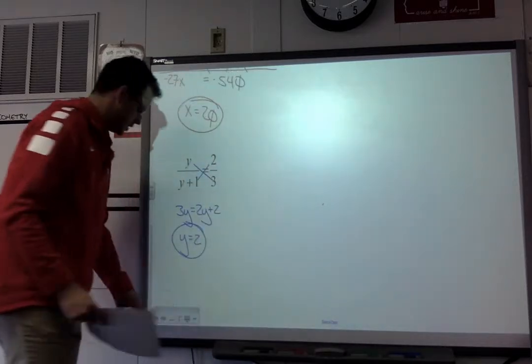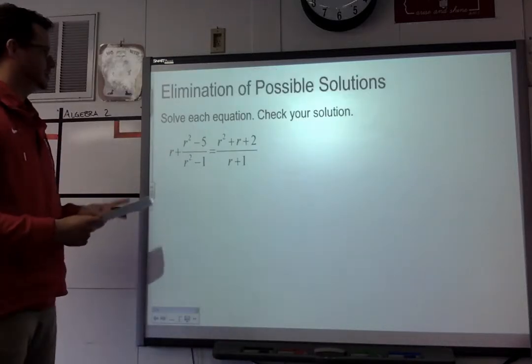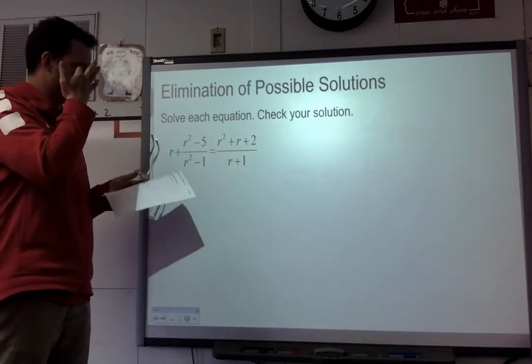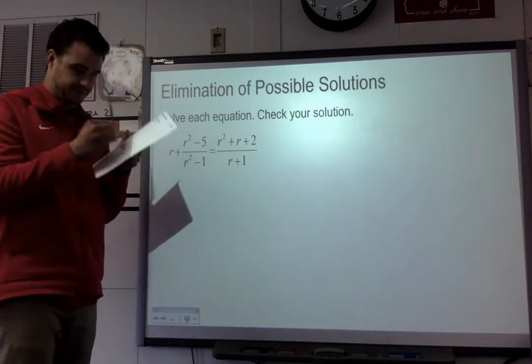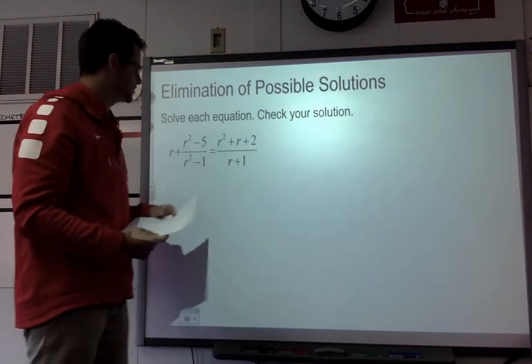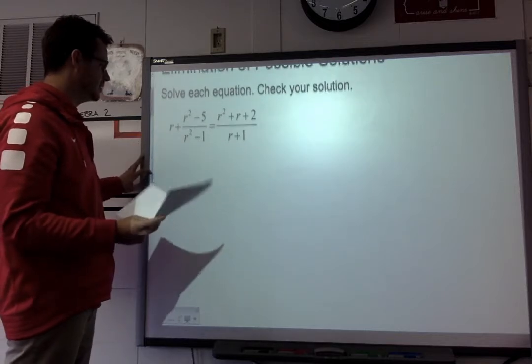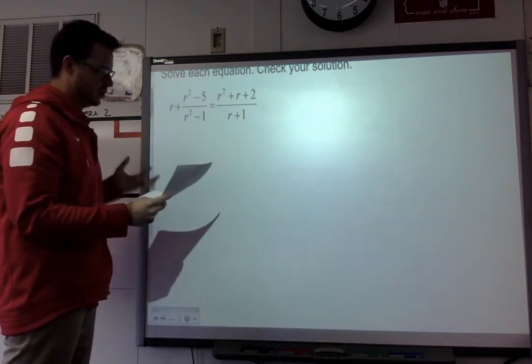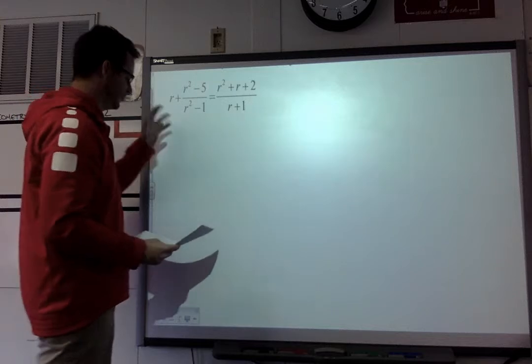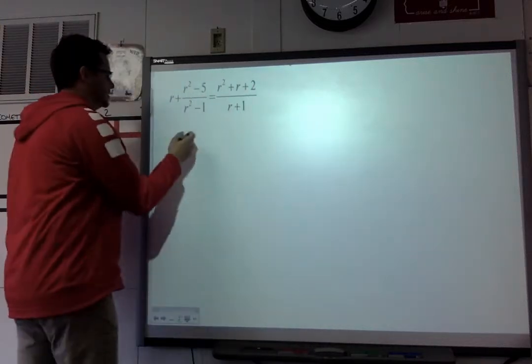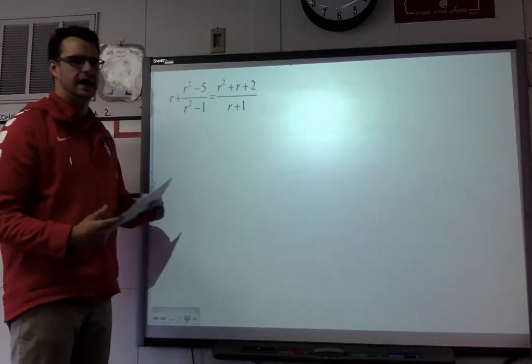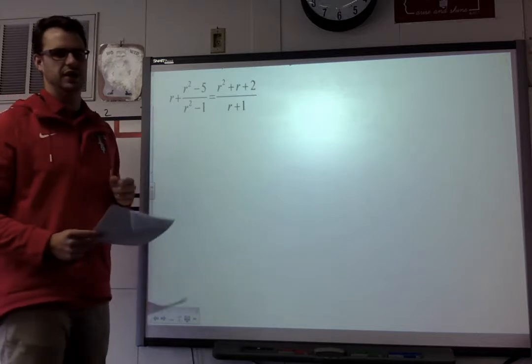Now the next thing, elimination of possible solutions. So here, what we're going to do, we're going to solve this ultimately the same way. But what I'm going to do first, before I start solving this, is I'm going to rewrite it, and I want my denominators written in their simplest form.